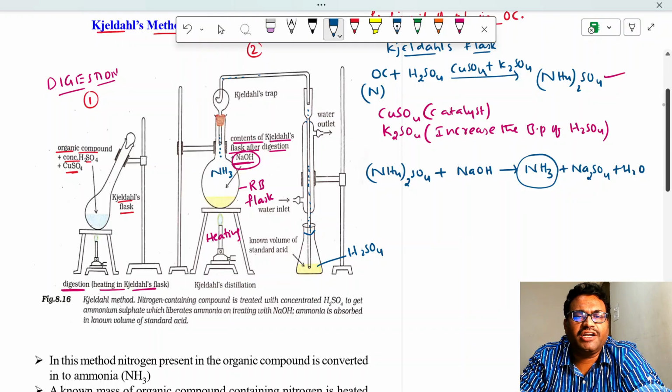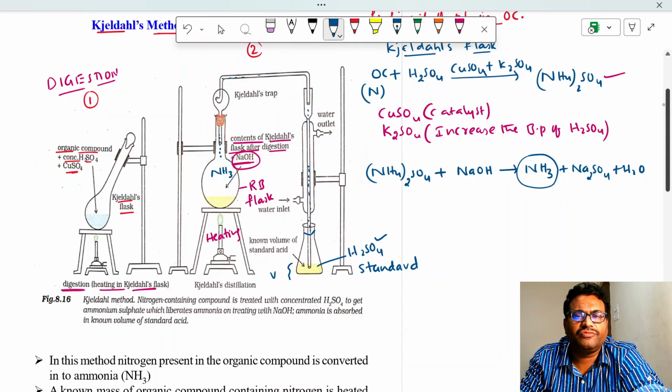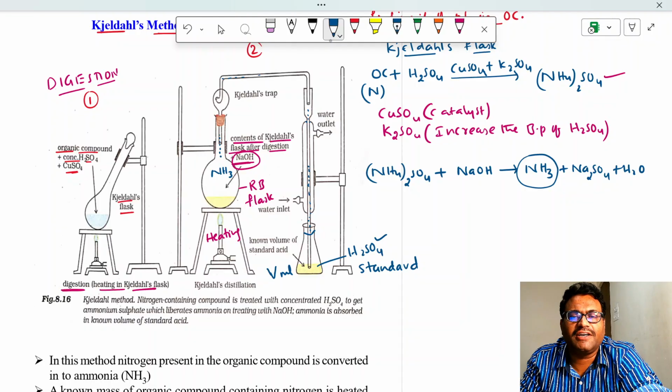Ammonia released here is moving and is absorbed into acid. Generally used acid is H2SO4. Its concentration is known, that is, standard H2SO4, and you are taking a particular volume, V mL, let us take. You know the volume as well as the concentration.